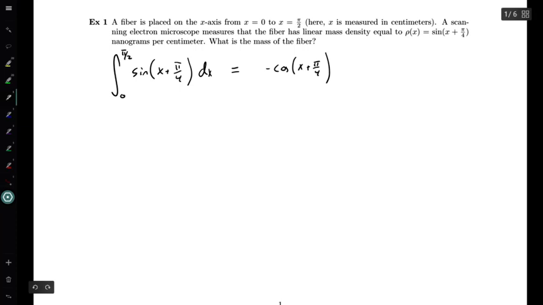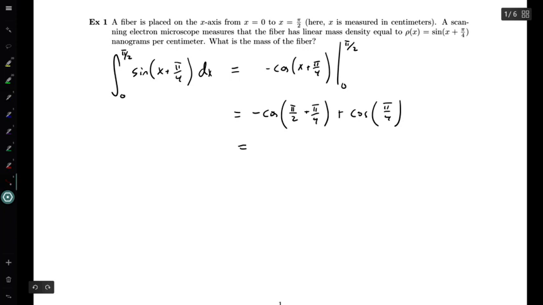So we have our antiderivative of sine of x plus pi over 4 here. We want to evaluate from 0 to pi over 2. So we're going to be looking at minus cosine of pi over 2 plus pi over 4, plus cosine of 0 plus pi over 4, which is pi over 4.